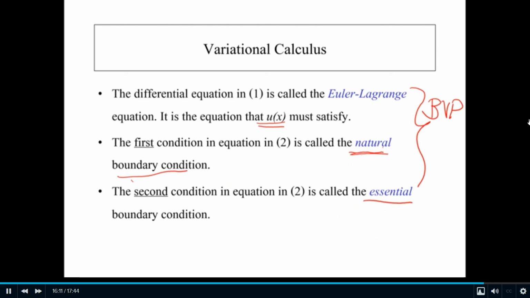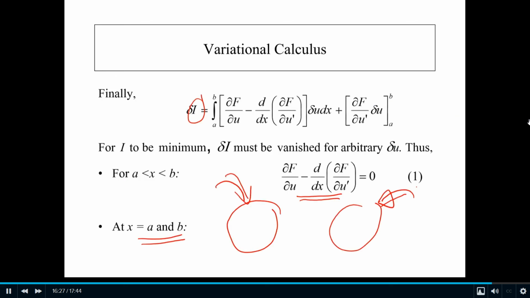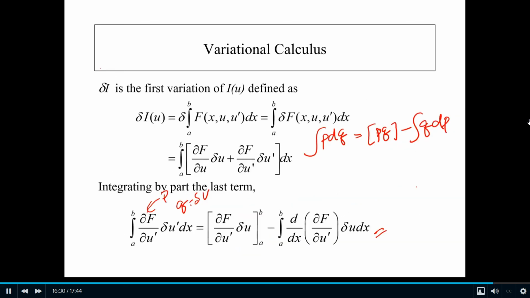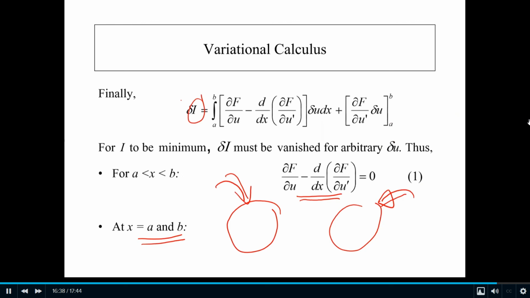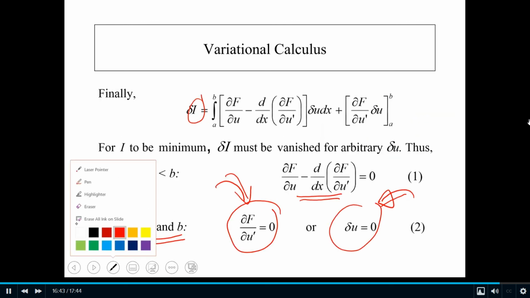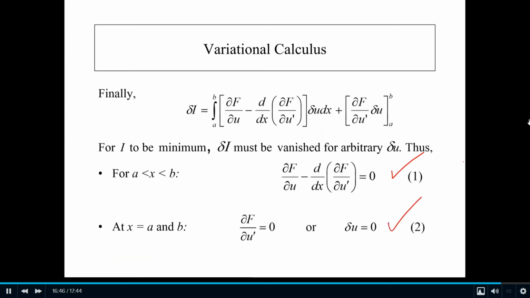Essential boundary conditions are associated with your unknown, or displacement. If you derive this as the total potential energy of your system, you get your equation to be solved and the boundary conditions.